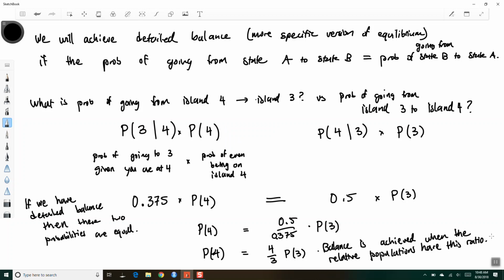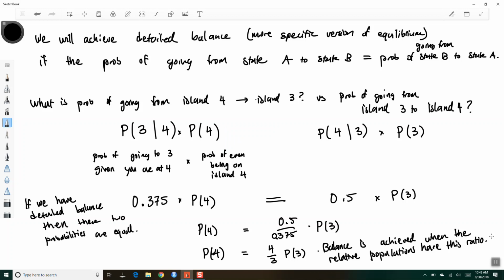And when we do that, we will find that only the target distribution will satisfy all of these stationary criteria, right? So in the target distribution, island 4 is indeed 4/3 the size of island 3. Island 4 has a population of 4,000. Island 3 has a population of 3,000.